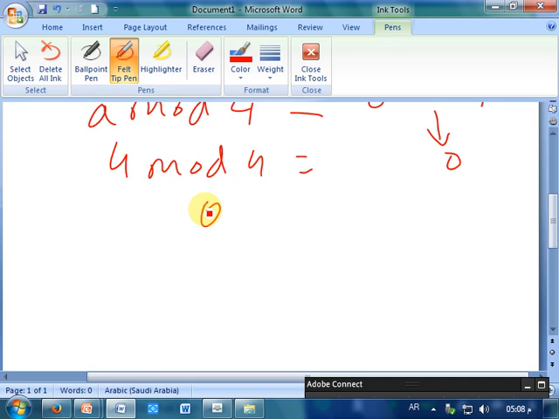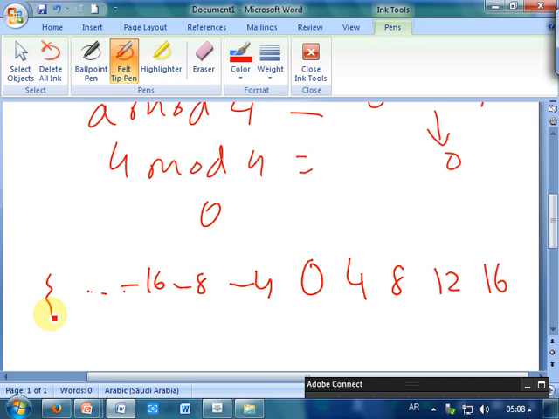Modulus is to find the remainder, and the remainder should be 0. 24, 20, minus 24. So it is the multiples of 4: 0, 4, 8, 12, 16, and on the other side minus 4, minus 16. This is the equivalence class for 0.